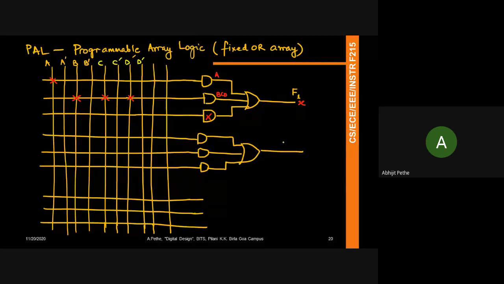Sometimes some chips give you the flexibility of taking one input here and allowing you to, so if I think of this input as say F2, what it's allowing you is to reuse this F2 back into your array.